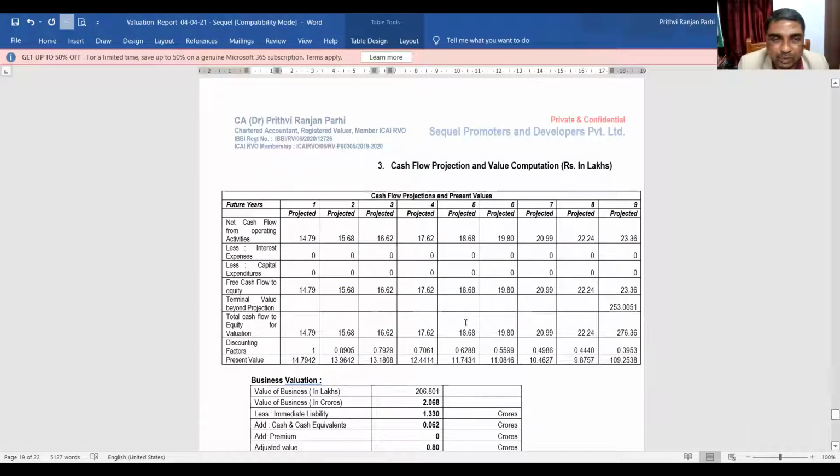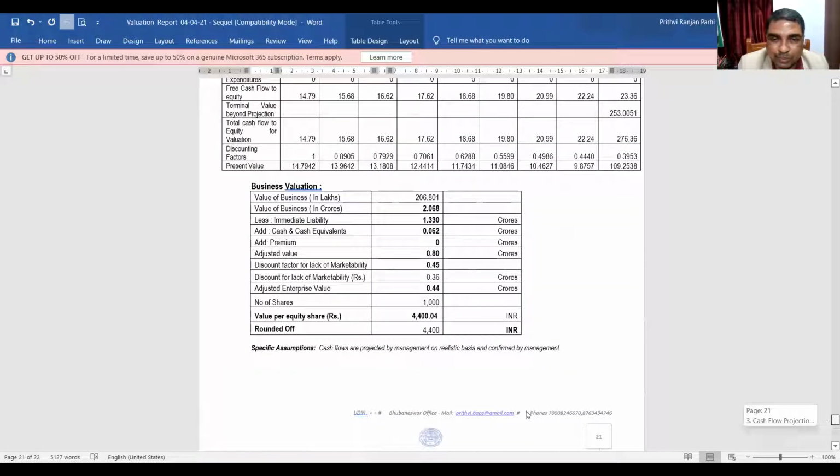Here, the company shows the projections. This will be the cash flow projection. On the basis of this cash flow projection, 4,400 rupees is, you can take, the market price of the shares. Here we can assume it. Okay, so we'll take 4,400.